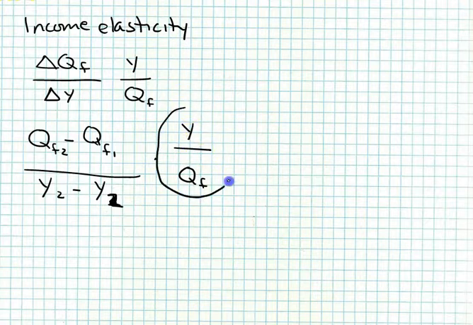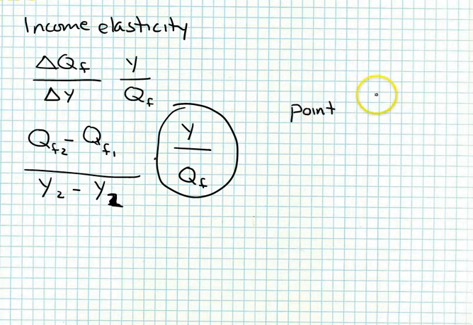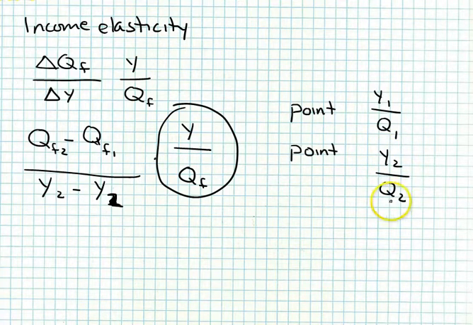This can be represented in three different ways. We can have what's called a point elasticity using original incomes and quantities. We can have a point elasticity using new incomes and quantities.